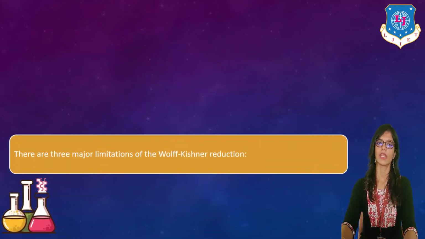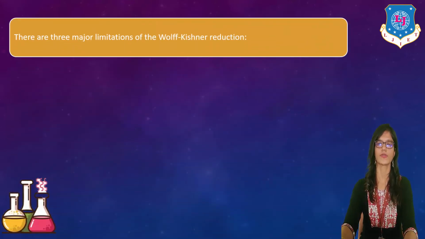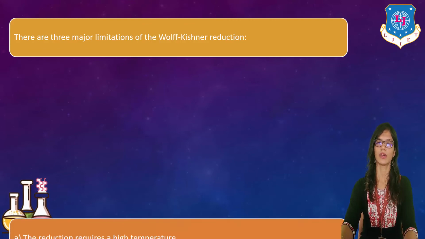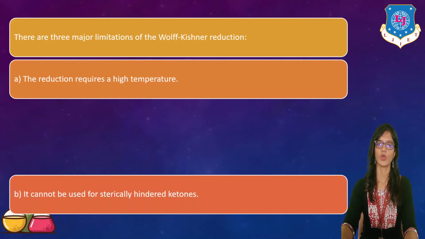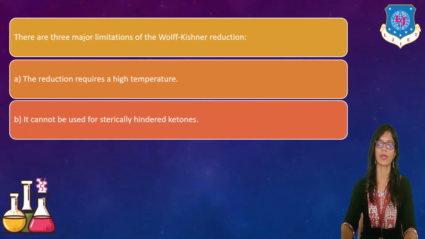Let's see the limitations of Wolff-Kishner reactions. Along with advantages, it also gives us certain disadvantages. So the first limitation is that the reduction occurs at a higher temperature. Second, it cannot be used for sterically hindered ketones.